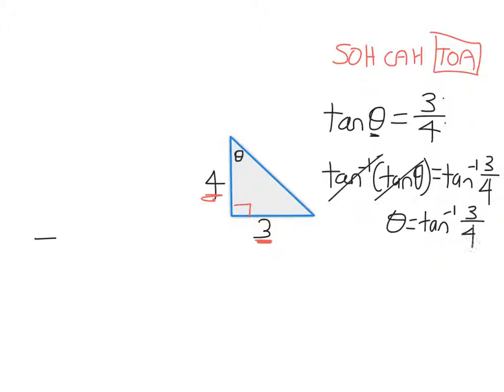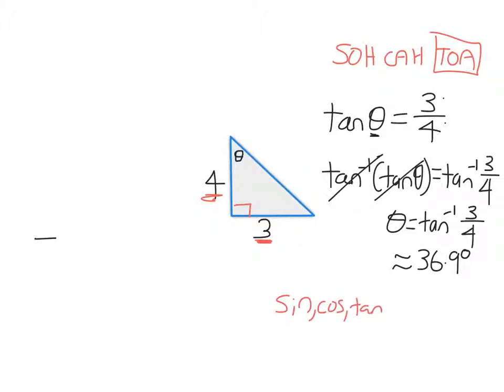So you can put this on your calculator. You press shift tan and then 3 over 4, and you should get about 36.9 degrees. That's to 1 decimal place, okay? If you got something different, you're probably not in degrees mode. So what actually happens is you use sine, cos, and tan like I did on the previous slide.